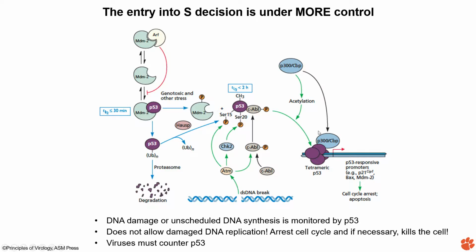And this tetrameric p53, along with the cellular p300/CBP, is an extremely powerful transcriptional complex. This gives rise to many different types of proteins like p21 CIP, BAX, MDM2, and more of these. These proteins cause cell cycle arrest, and BAX causes apoptosis.